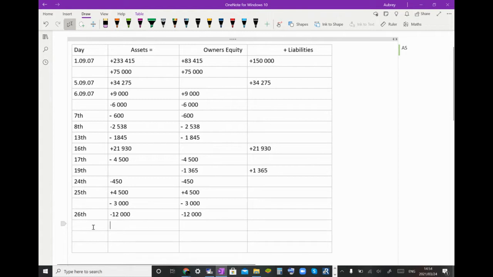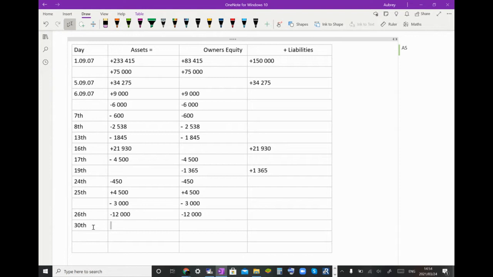So then the next question is, this happened on the 30th. How do we record this? Which category is affected? Assets, because bank is an asset and debtors control is an asset. So which one are we going to start with? We're going to start with bank. Now, what happened to bank?